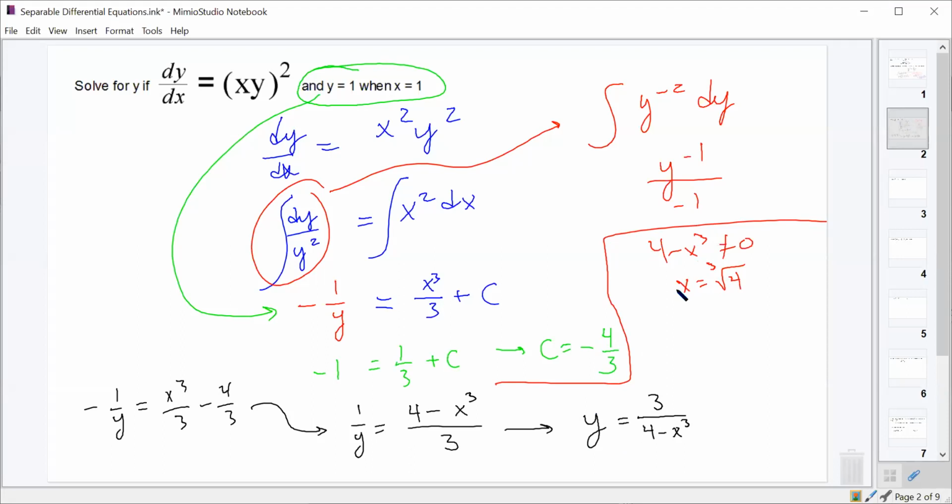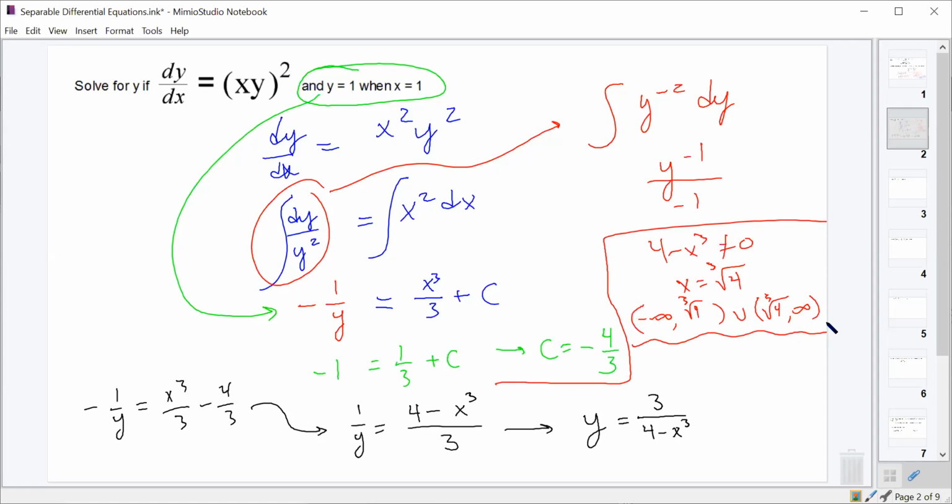And so the domain of this should be negative infinity to cube root of 4 union cube root of 4 to infinity. That's our domain. Okay. But which one do we choose?